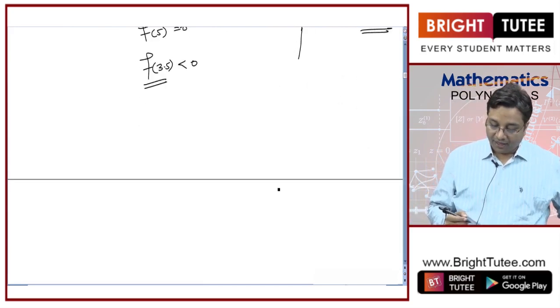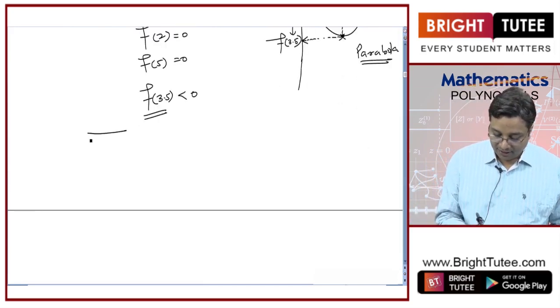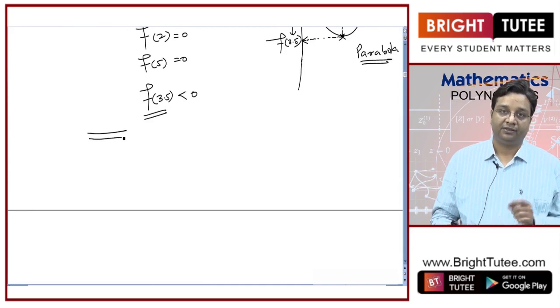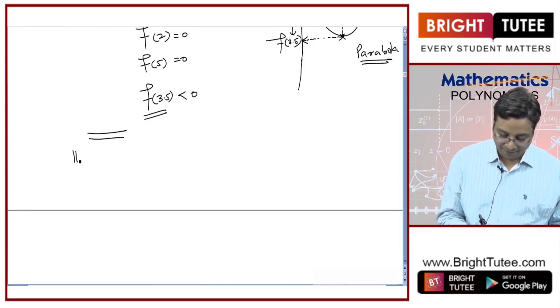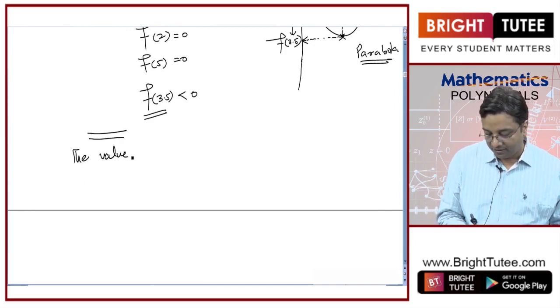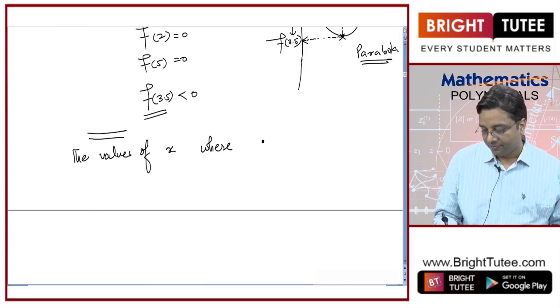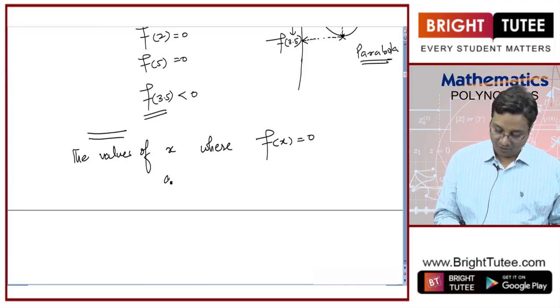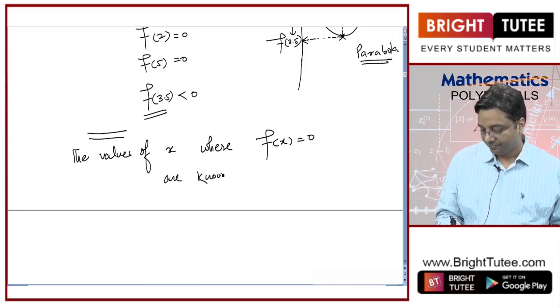And the values of x where f of x is equal to 0 are known as zeros of the polynomial.